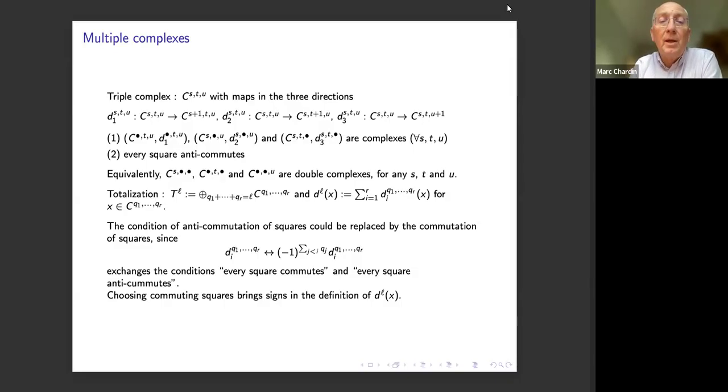If you replace the differential corresponding to index i by -1 to the power of a sum of the earlier indices, then a multiple complex where all squares commute becomes one where all squares anti-commute, and vice versa. So you can use either convention. I prefer anti-commute because the differential has no sign inside, but it's basically the same thing. So that's a multi-complex, and that's the totalization.